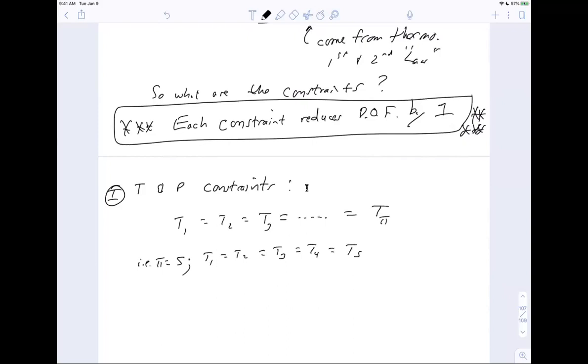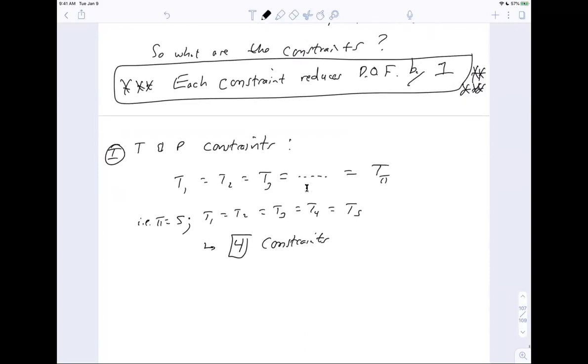The number of constraints this introduces is going to be 4. This introduces 4 constraints.